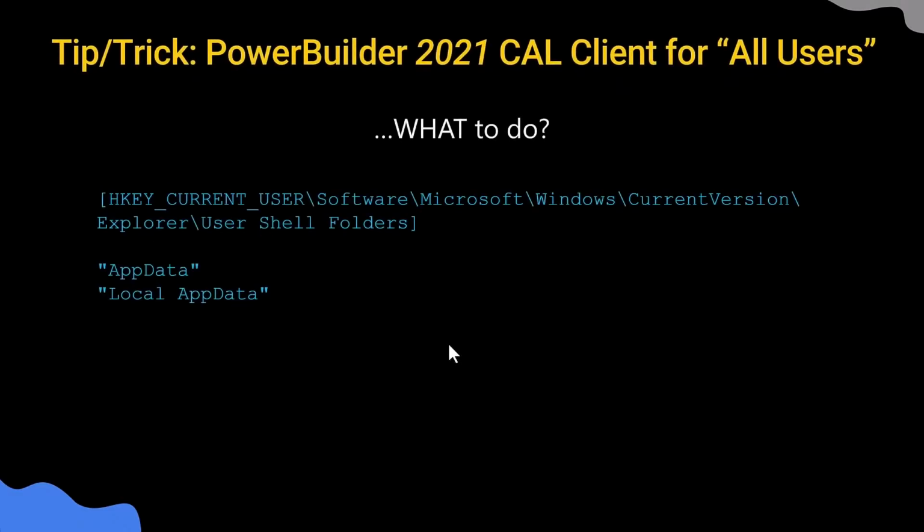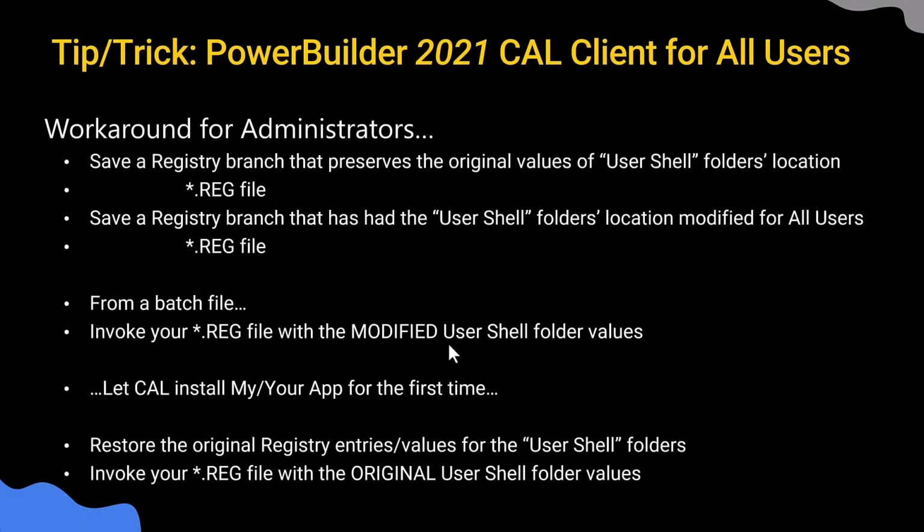Well, the recipe was to, yes, access the registry and to export the branch that contains the user shell folder values for app data and local app data. And then I exported the original branch of the registry to preserve those original values. Then I saved an altered registry branch for user shell folders, which contained the desired target location for installation.